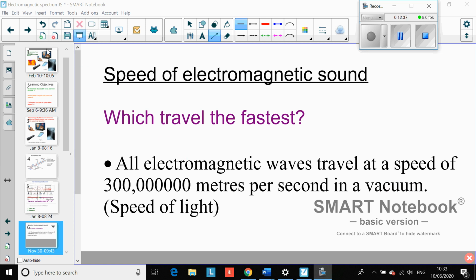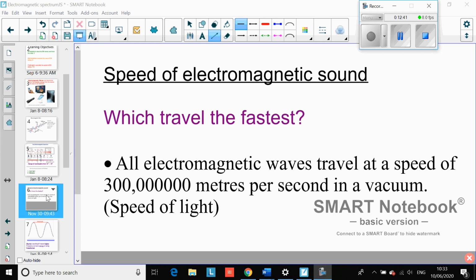So all waves travel at 300 million meters per second, the speed of light. It can vary in different mediums. For example, light can still travel through transparent objects like glass, but because they're more dense, it slows down a little bit. But basically, not really a great deal. Light generally travels about that speed.